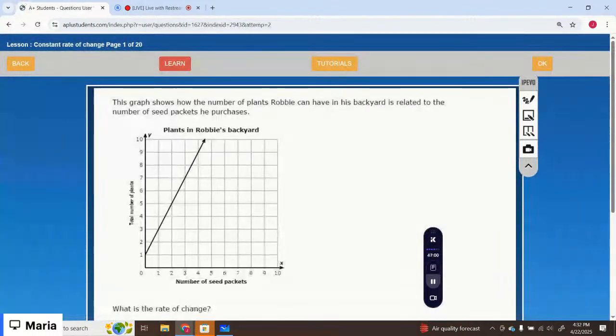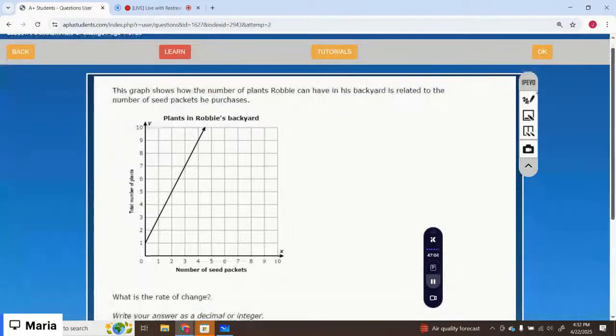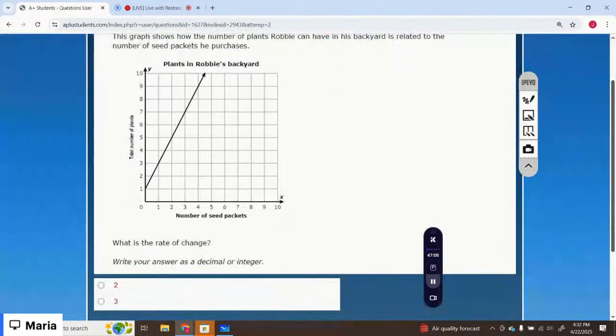Basically, the rate of change in a graph is a slope, right? So we need to calculate the slopes of these graphs. These graphs show how the number of plants we can have in his backyard is related to the number of seed packets he purchases. What is the rate of change?